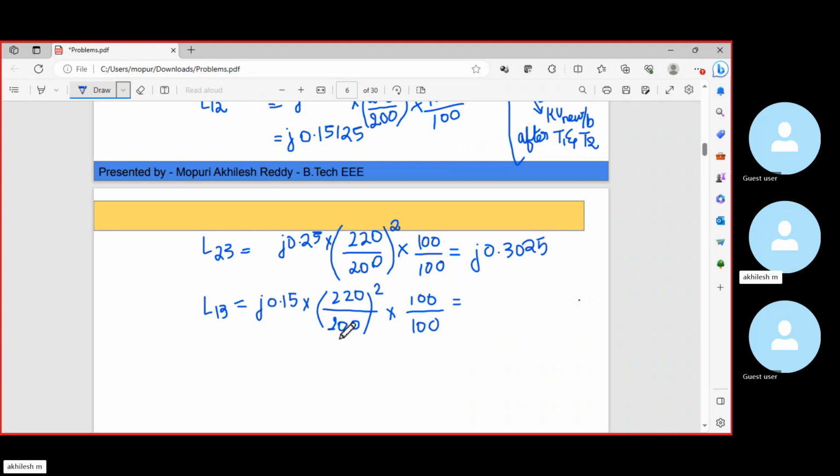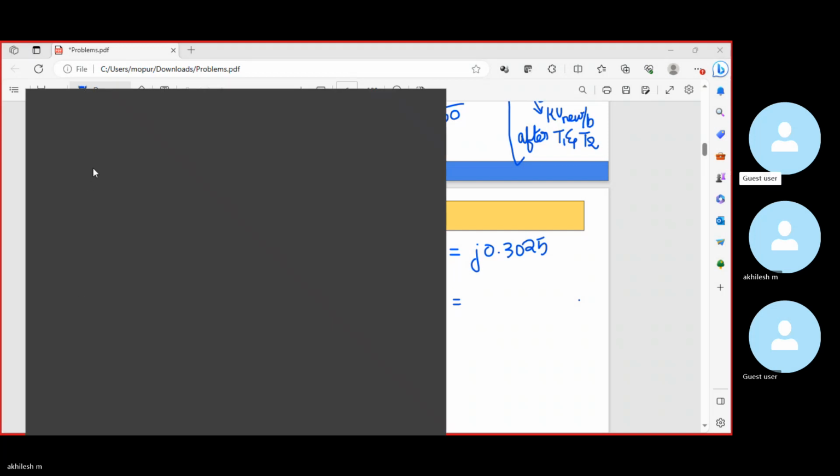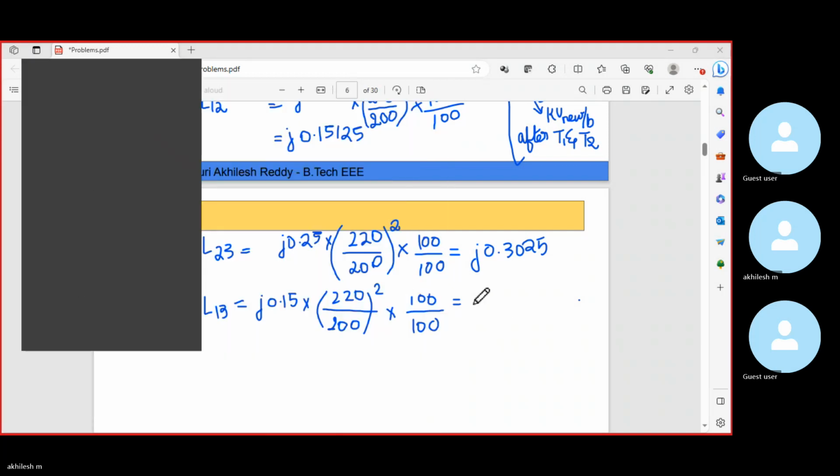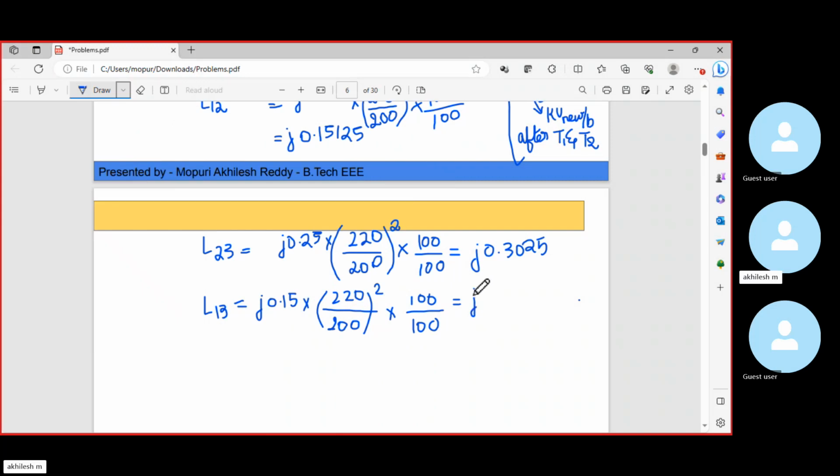Okay, then what about this value? 1.15 into 1.21, that is 0.1815. Okay, now we have calculated 0.1815.